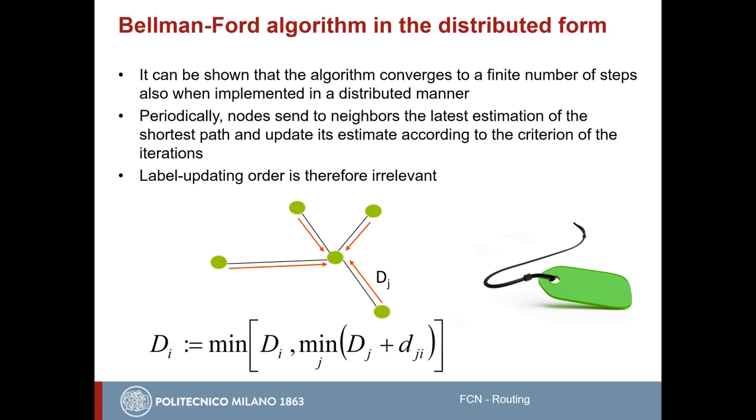How does it work? The distributed form exploits the fact that updates are only influenced by the neighbors of a single node. Okay? So based on this fact, the distributed form of this algorithm requires that each node periodically sends updates to only its neighbors.